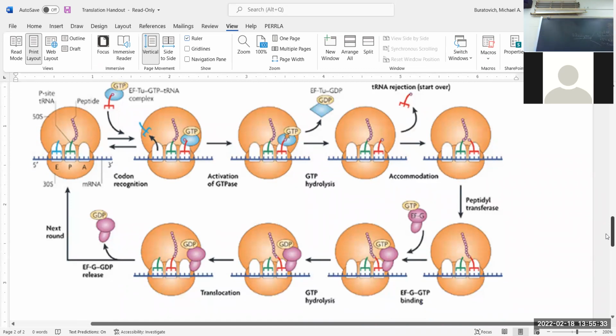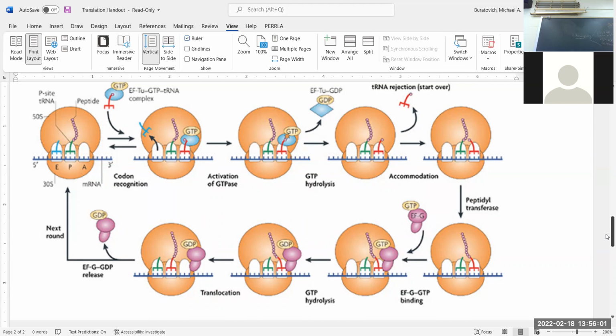Now, if you get to a termination codon, termination codons do not have a tRNA whose anticodon loop matches their sequence. And you might remember that your termination codons include UAA, UAG, and UGA. Those are your three termination codons.